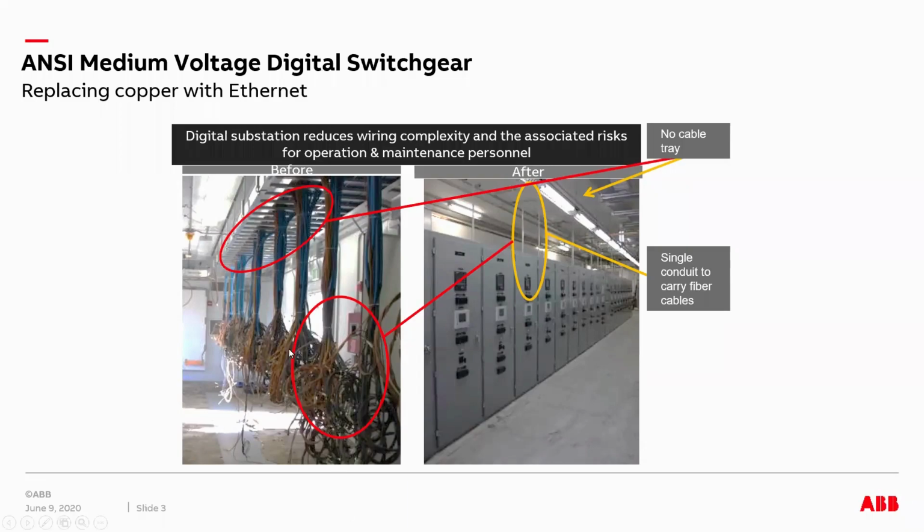Here you see a cable tray running, which carries all the cables, because each panel requires multiple cables for wiring of CTs, PTs, and also the inputs and outputs from the relays themselves, and also wiring between the panels.